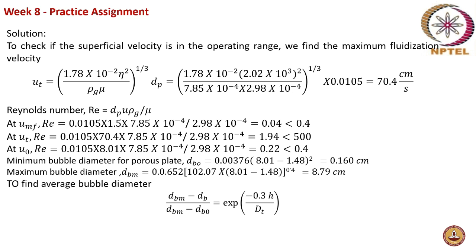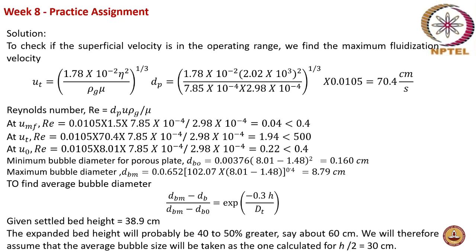To find the average bubble diameter, we have the expression (dBm minus dB) by (dBm minus dB0) equal to exponential of minus 0.3 h by dt. What is the value of h we have to substitute? They have given the settled bed height, hs equal to 38.9, whereas they have not given any information on the fluidized bed height. So let us assume that the expanded bed height will be 40 to 50% greater than the settled bed height of 38.9 centimeter.